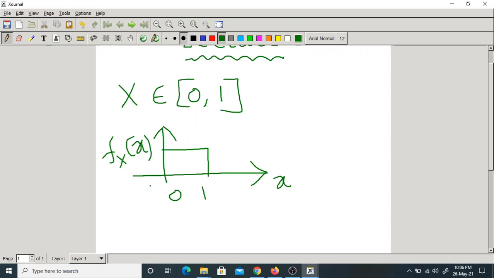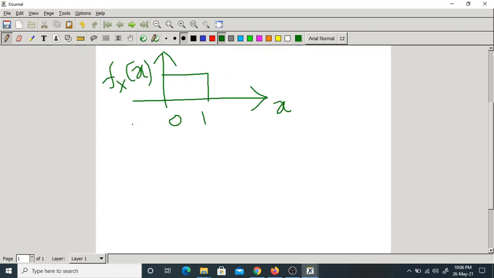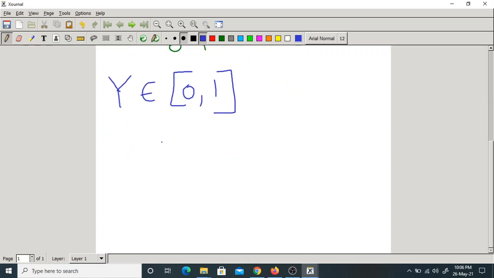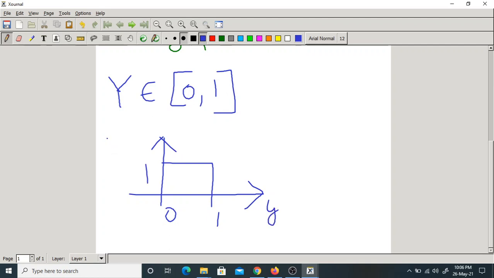Now let us take one more random variable y, which is also uniformly distributed between 0 and 1, so obviously its density function is also uniform; this is 1, this is y, this is fy of y.